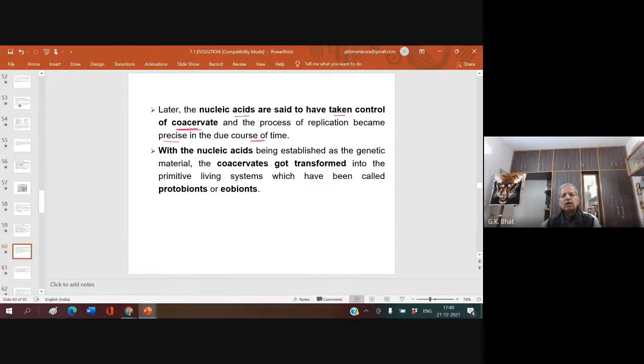So, with the nucleic acids being established as the genetic material, coacervates got transformed into a primitive living system, which we call protobionts or eubionts. With all this, the first cell type of organism appeared, which we call the protobionts or eubionts.